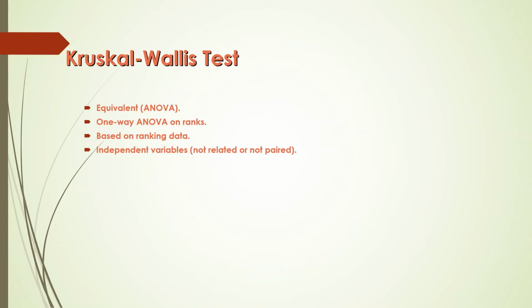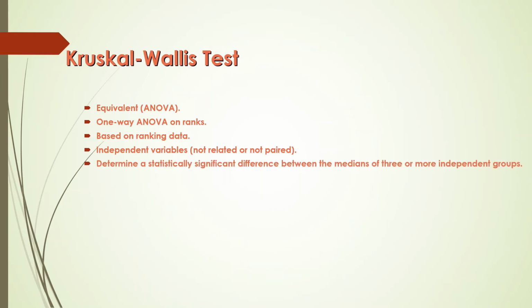The data in the groups are not related. They are not paired. They are independent from each other. The test determines a statistically significant difference between the medians of 3 or more independent groups.